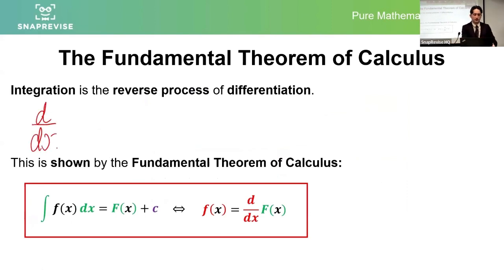It's exploiting the knowledge of derivatives and integrals being the reverse of each other. So all it is basically saying is that if you integrated the derivative of a function, you would get the original function. So derivatives and integrals undo each other.